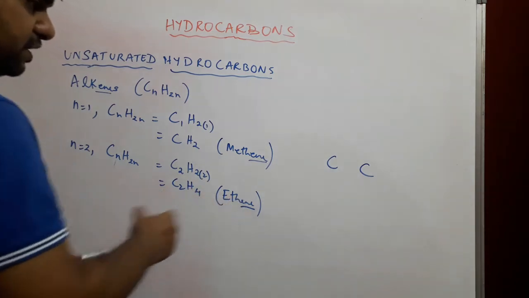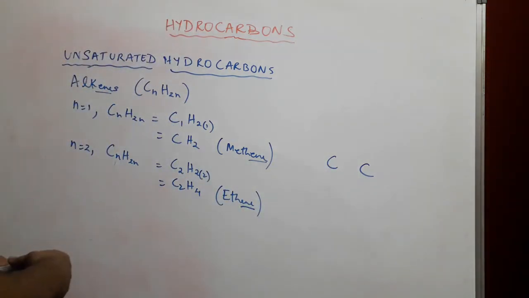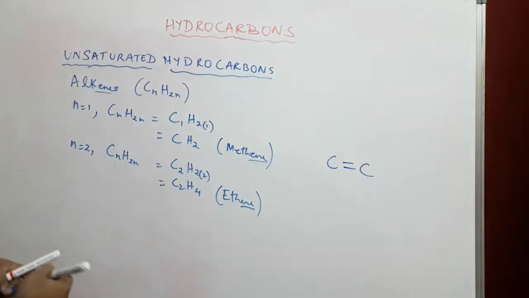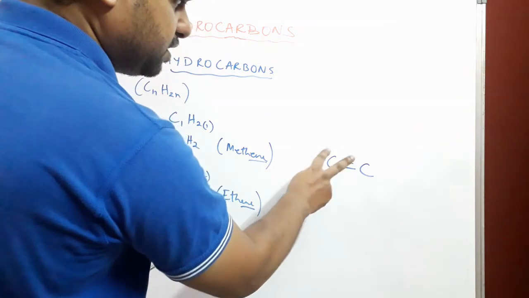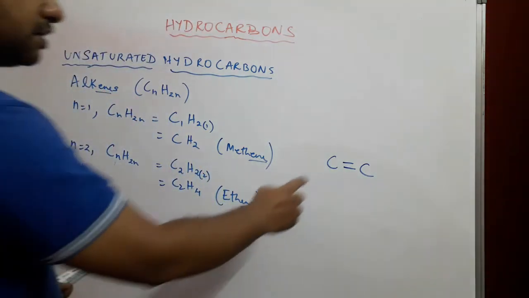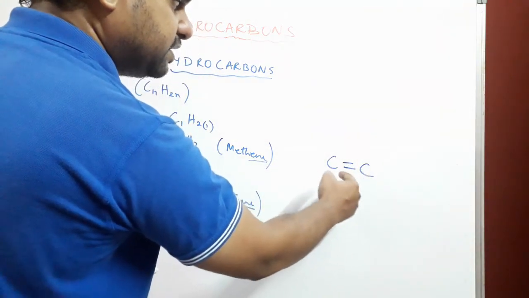So in case of ethene, what happens? The bond formed between carbon and carbon is not single but double. Now if a double bond is formed between 2 carbon atoms, that means for each carbon atom there are only 2 more bonds possible, because 2 electrons from each atom are already utilized in the double bond.